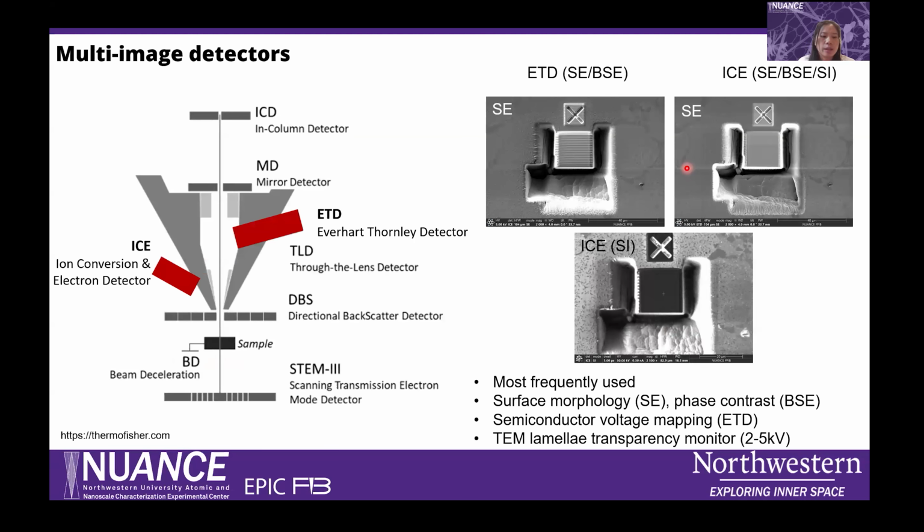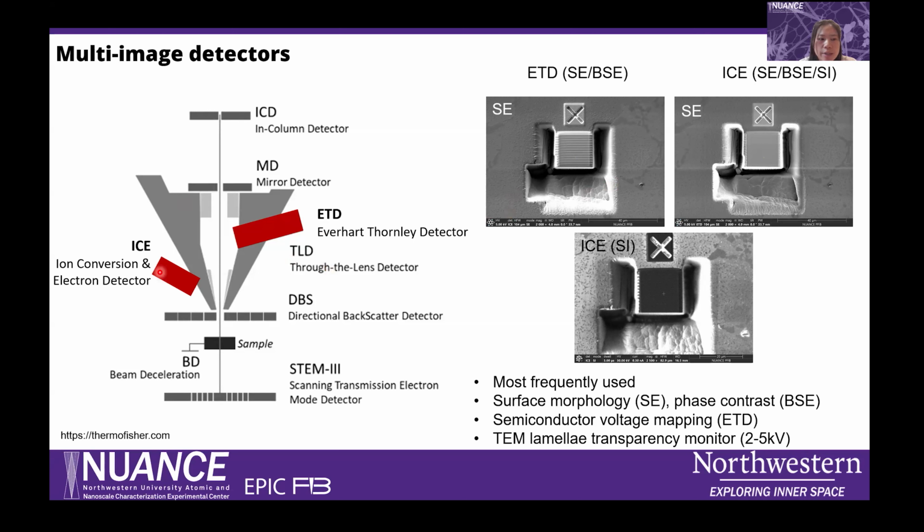Next are the multi-imaging detectors, which provide a full suite of detectors. First I will introduce the most conventional and most frequently used secondary electron detector, the ETD. We usually use it for low magnification searching and surface morphology, like this.